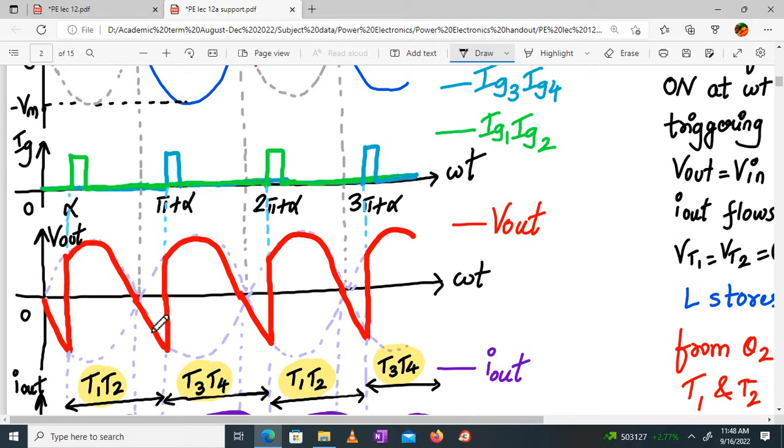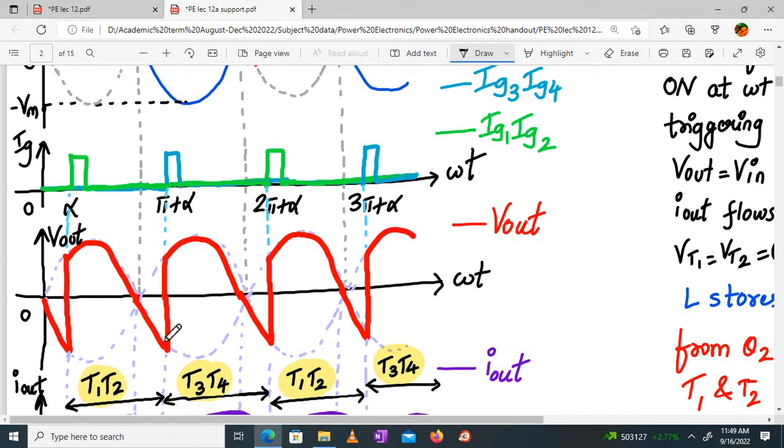Now T1 and T2 are on currently. Now pi plus alpha has come. So at pi plus alpha, T3 and T4 are turning on. The turning on of T3 and T4 SCRs will turn off T1 and T2. We have discussed this point last time, line commutation. Okay, and then the entire conduction cycle will repeat.